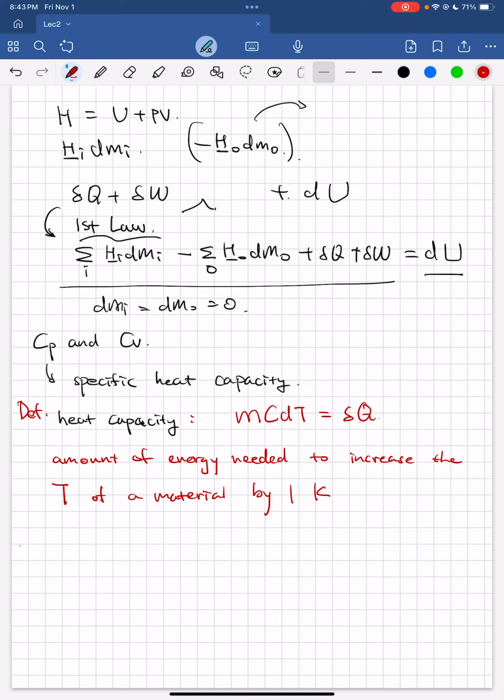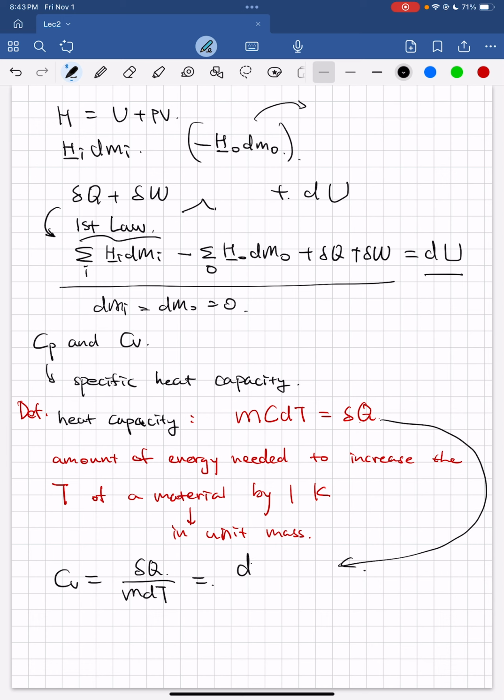Okay? In unit mass. So when you take this, then Cv equals del Q over m dT, which is del Q over dT, right?